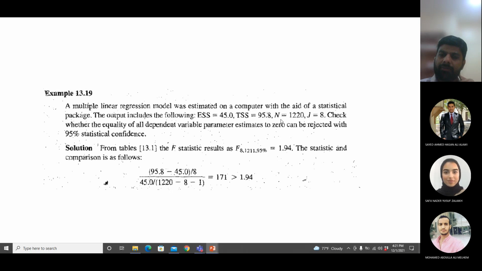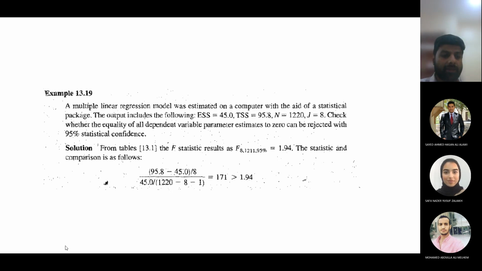The second degree of freedom is n minus j minus 1, where n is 1220 minus 8, which gives 1212, minus 1, 1211. Now how to take the value of F? Let me start with Excel.